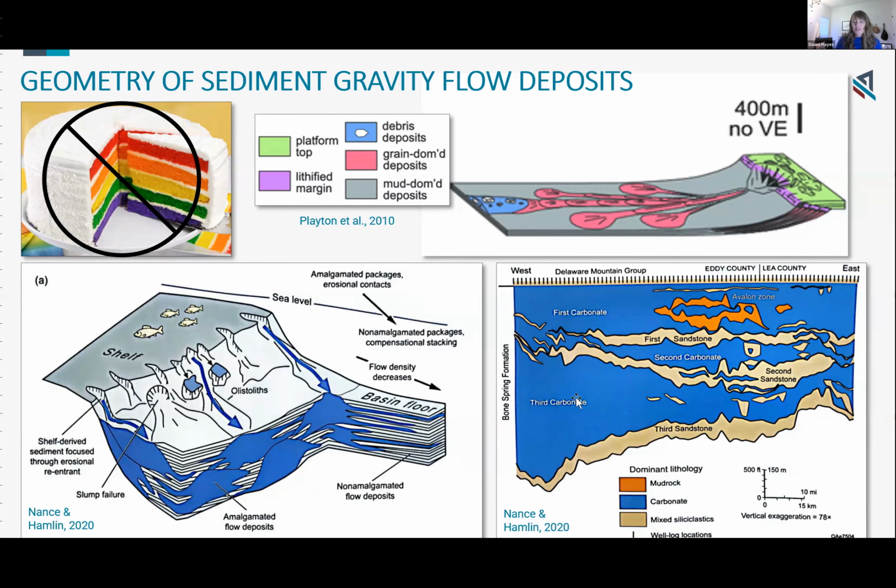And so they look like one big unit, but they're actually several smaller ones all stacked on top of each other. This is a great example over here at the right of what that would look like in cross section if you could look through the Bone Spring, one of those unconventional reservoirs. The sandstones are definitely thinner and less continuous than our carbonates.